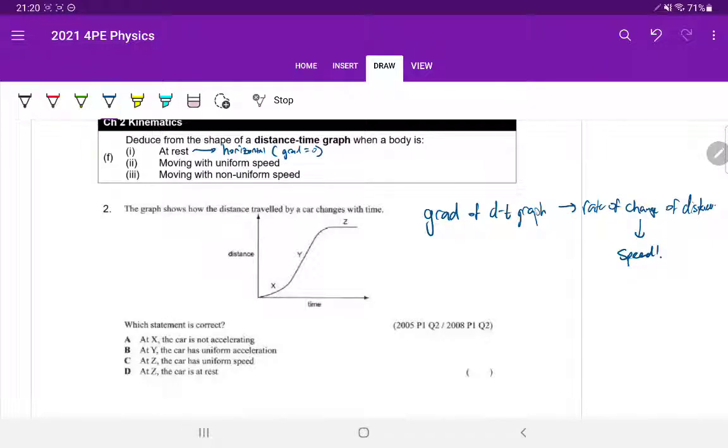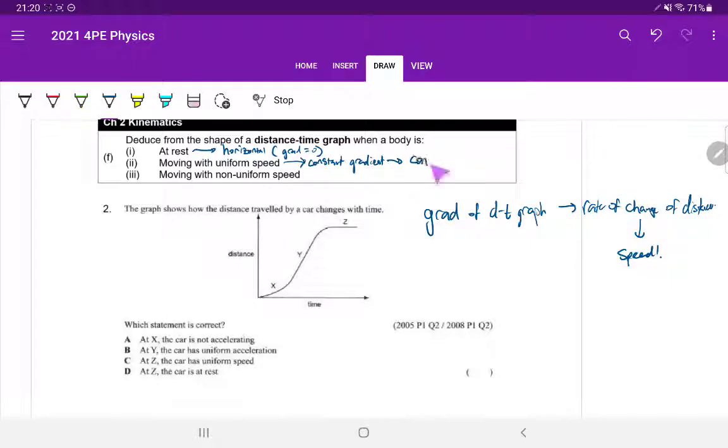Okay, when is it moving with uniform speed? So uniform speed means constant speed. You're looking at the gradient again, you're looking for constant gradient. And gradient is always referring to the steepness, right? So to break that down, gradient always means steepness.